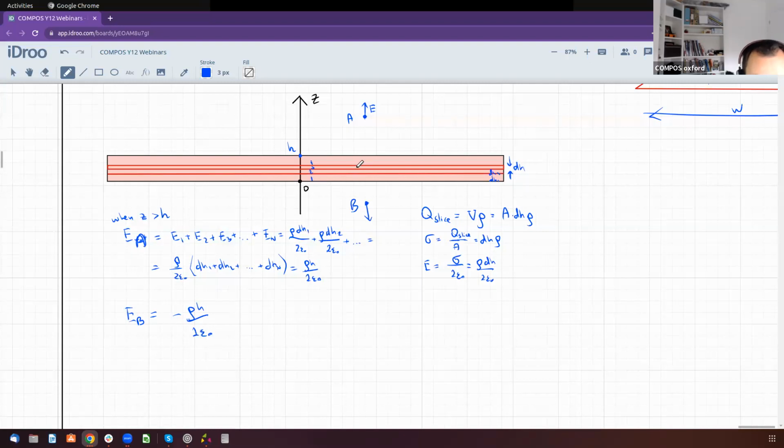Now, let's say you are at the point C, at distance x away from 0. So EC. Below you, you have a slab of thickness x. It would be the field from the slab below, which pushes you up if you're a positive charge.